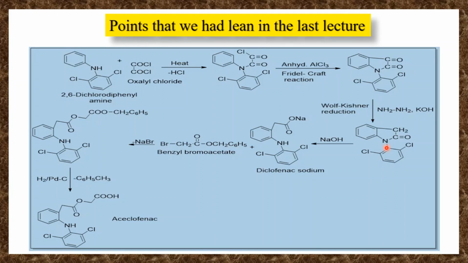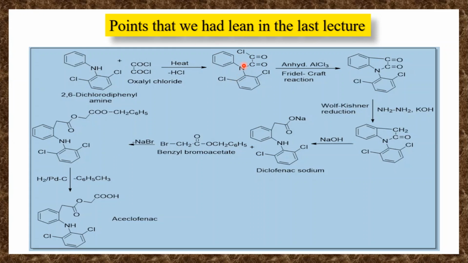In the last lecture, we started with the synthesis of aceclofenac. The synthesis starts with 2,6-dichloro diphenylamine in presence of oxalyl chloride. The reaction of these two molecules is a condensation reaction by the loss of HCl, and you will get this compound.